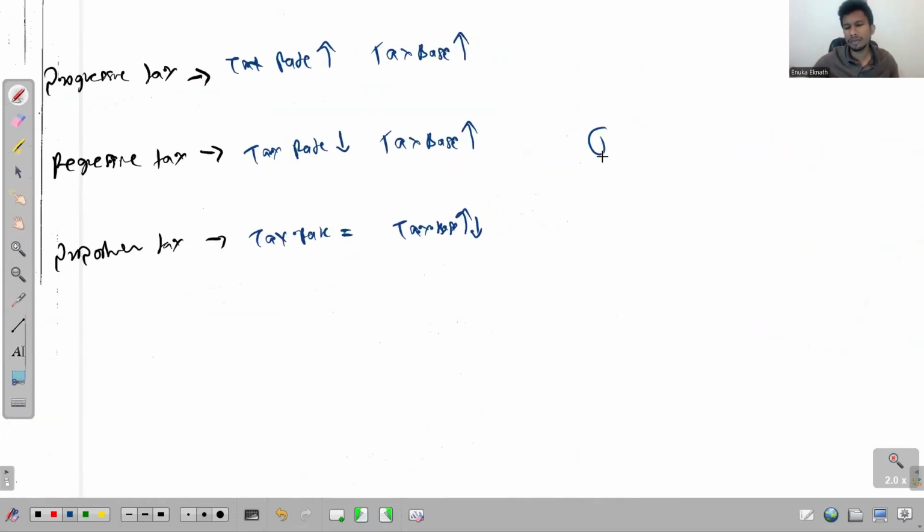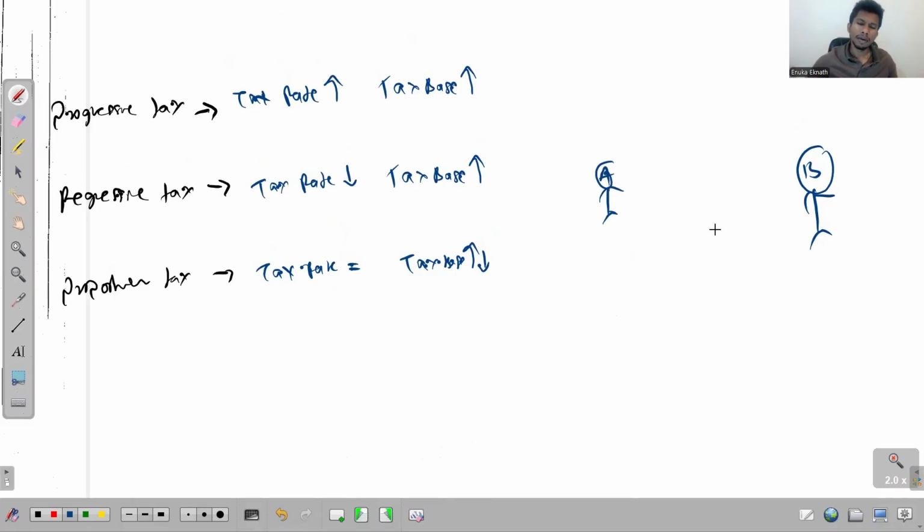Just imagine that we have two individuals and this person is relatively richer than the first person. So this is A, this is B, size එක දැක්කම you can understand the situation, their income. Right. එහෙමනම් if this person earns rupees, let's say 100,000, and if the other person earns rupees, let's say 1 million, right?